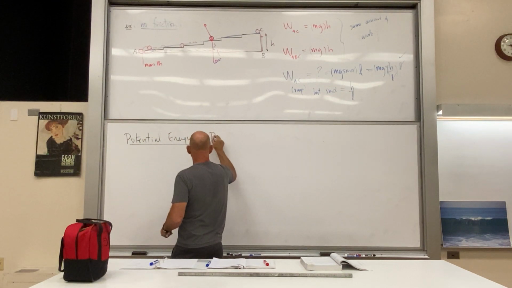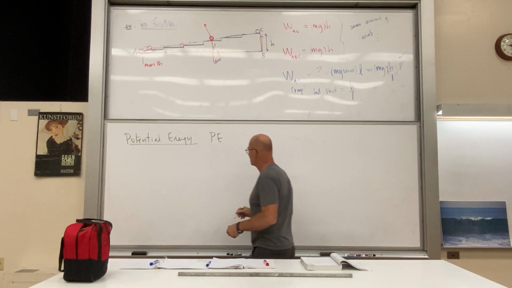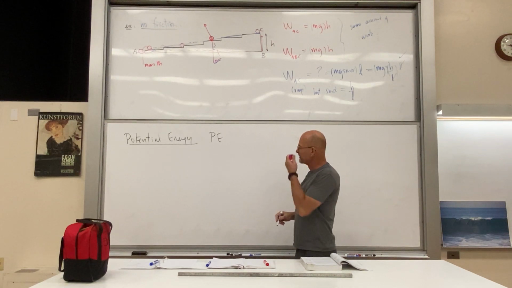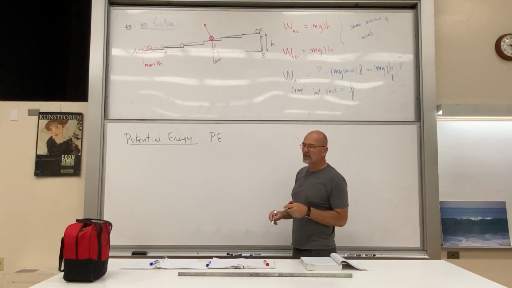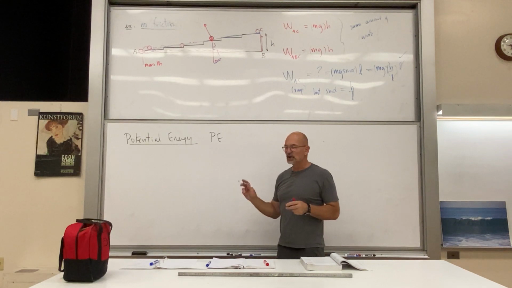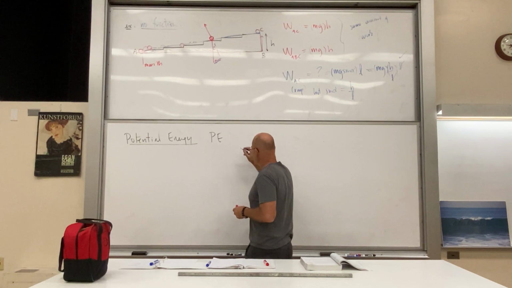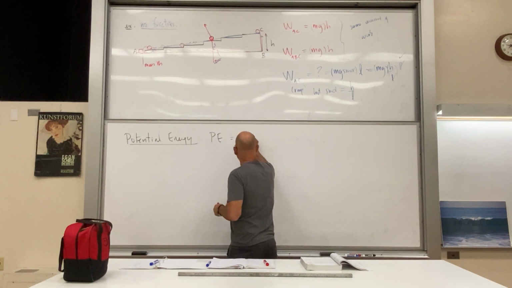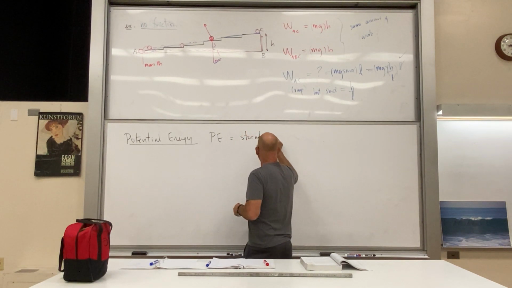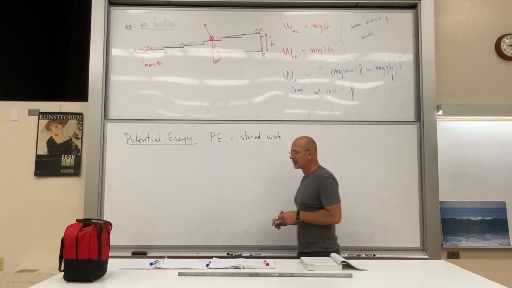We can use the abbreviation PE for potential energy, and we'll also use the capital letter U. But for starters, I'm going to think of potential energy as stored work.